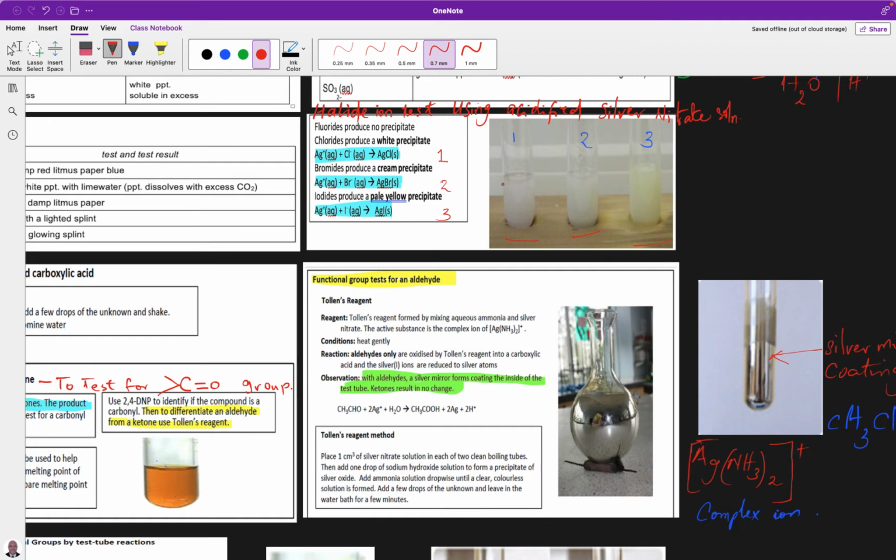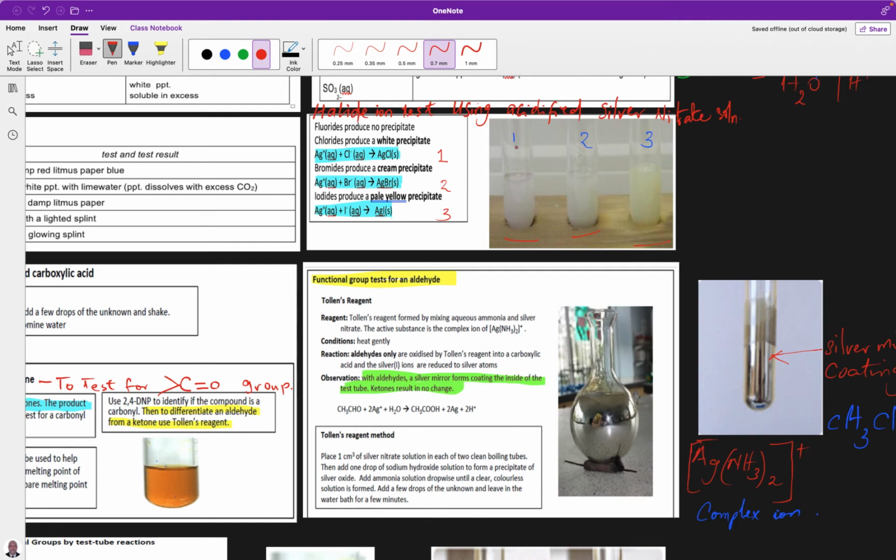One has a chloride ion in it. The second has a bromide ion in it, and the third has an iodide ion in it. What we do now is add the acidified silver nitrate solution into 1, 2, and 3.